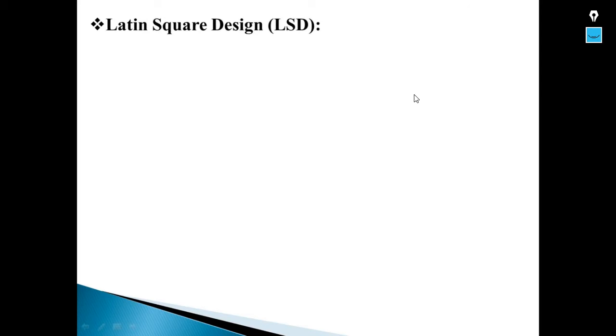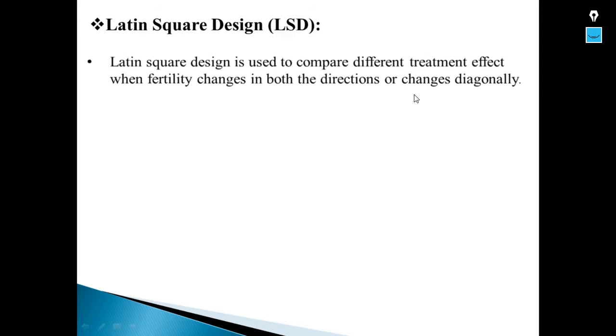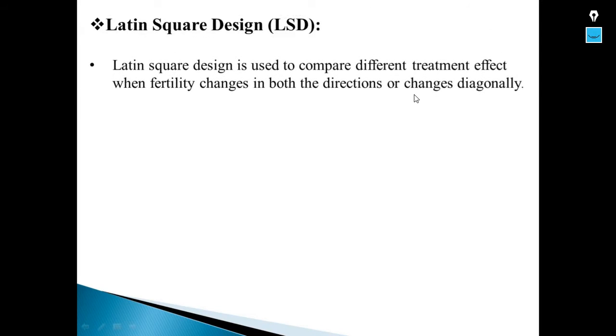So let us discuss its definition. What is Latin square design? Latin square design is used to compare different treatment effects where fertility changes in both directions or changes diagonally.